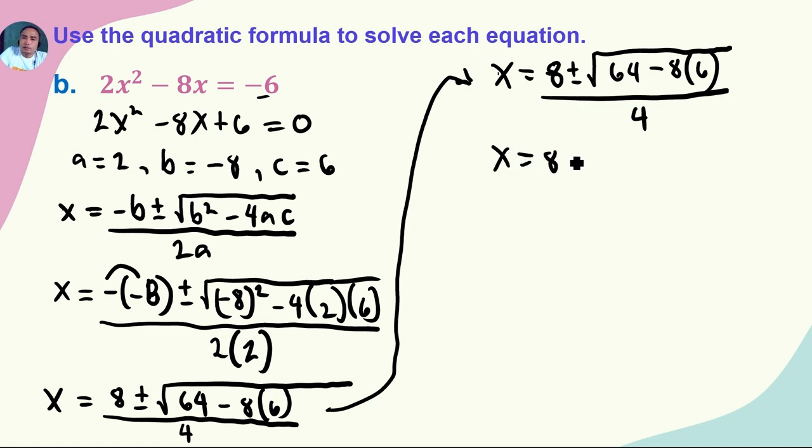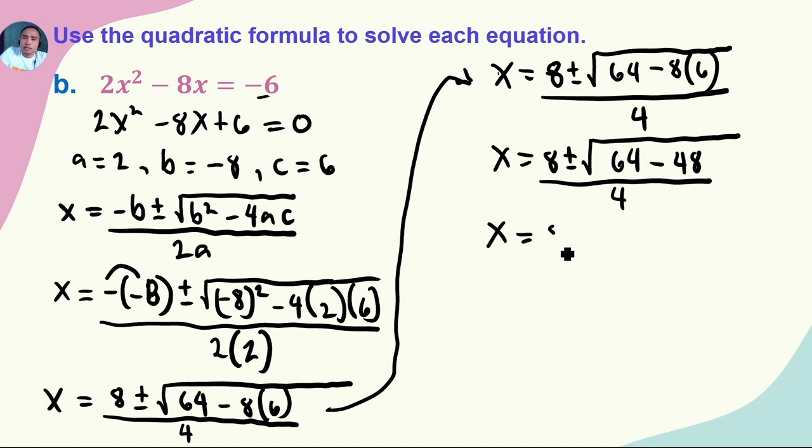Okay, let's continue now. We have 8 plus minus the square root of 64 minus 8 times 6, which is equal to 48, all over 4. Okay, x equals 8 plus minus the square root of 64 minus 48, which is equal to 16, all over 4.